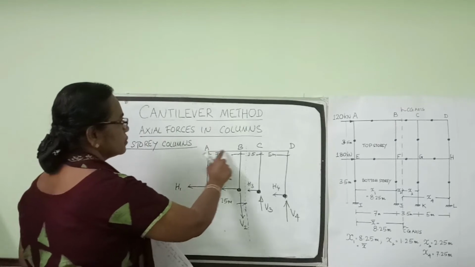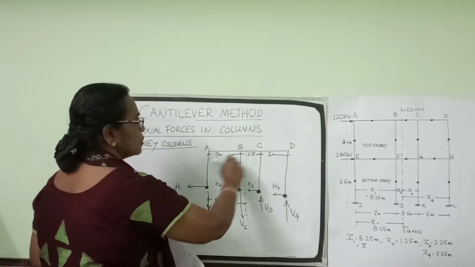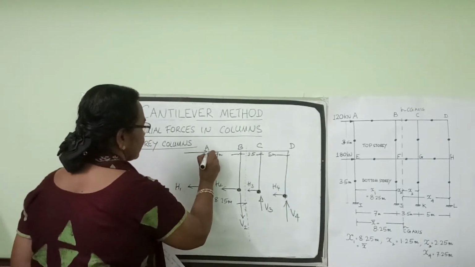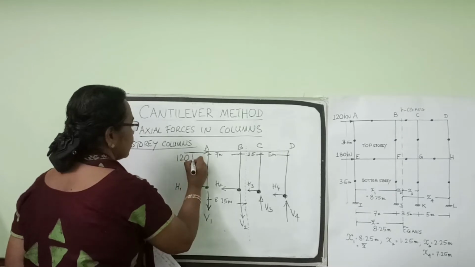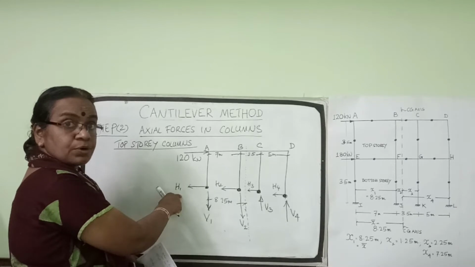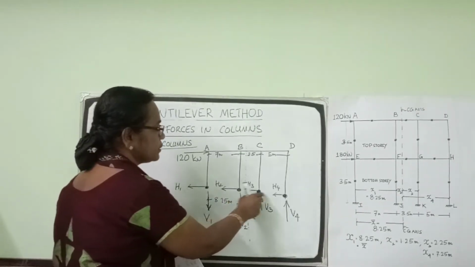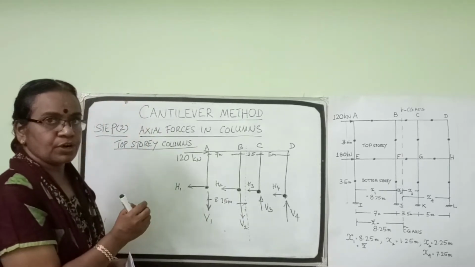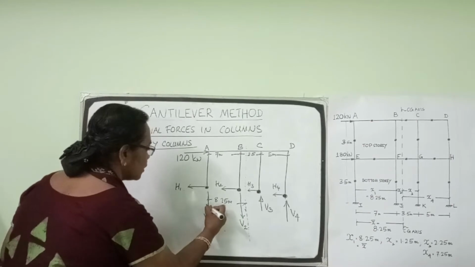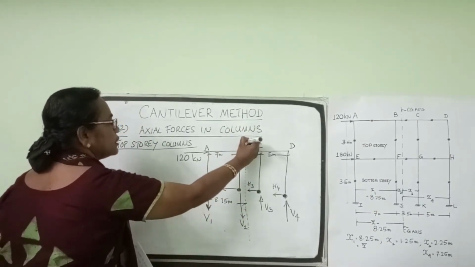I have marked the column A up to the point of contraflexure, the first top story columns, and there is a load of 120 kilonewton acting at this point A. I mark the lateral shear, or the horizontal shear, in the columns H1, H2, H3, H4 at the point of contraflexure, and the axial forces in the columns on the left side of the center of gravity axis. This is the CG axis.